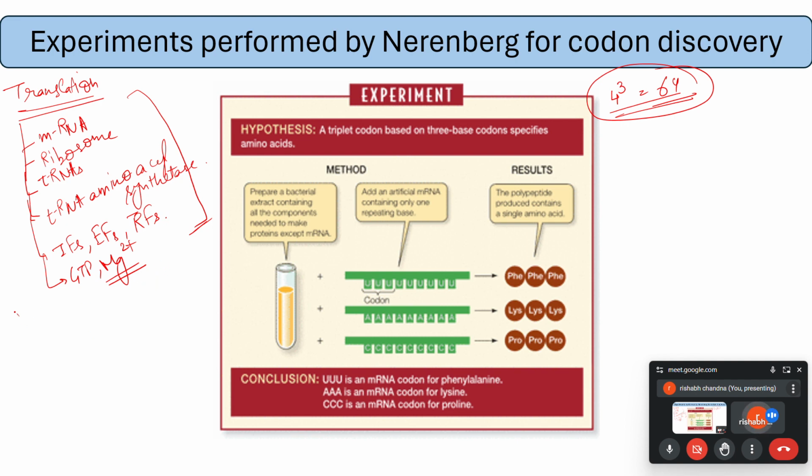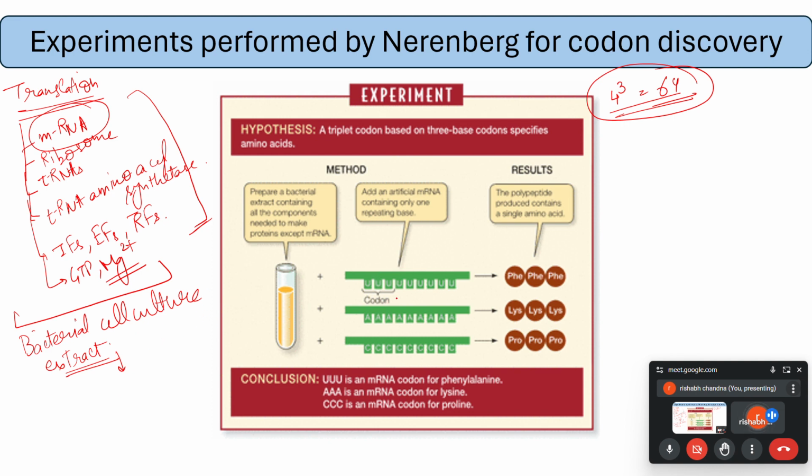So they prepared a bacterial cell culture extract, and we have the mRNA alone. To this extract, they added different mRNAs that code for different amino acids.